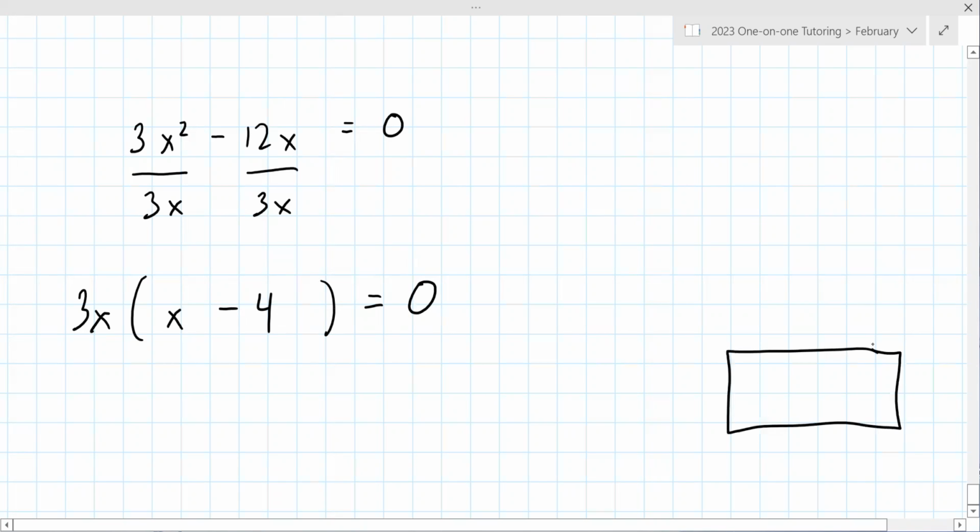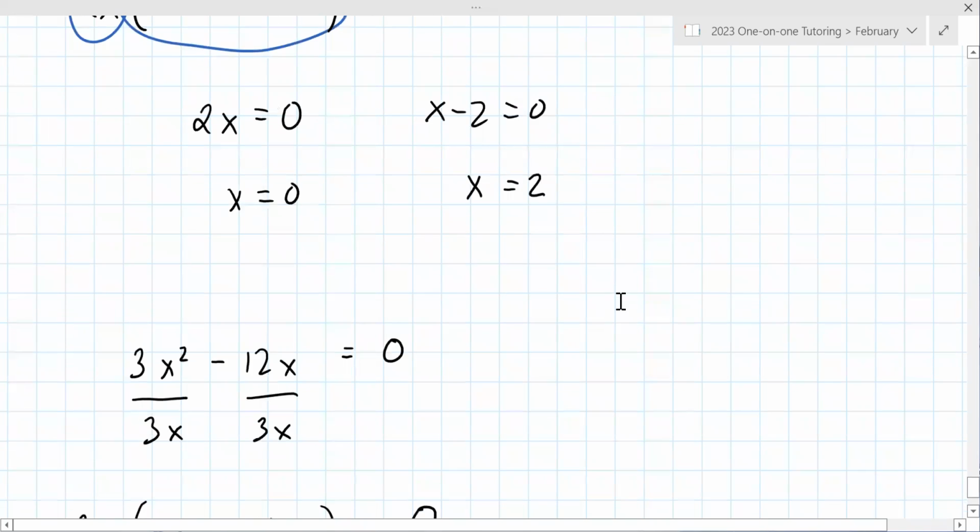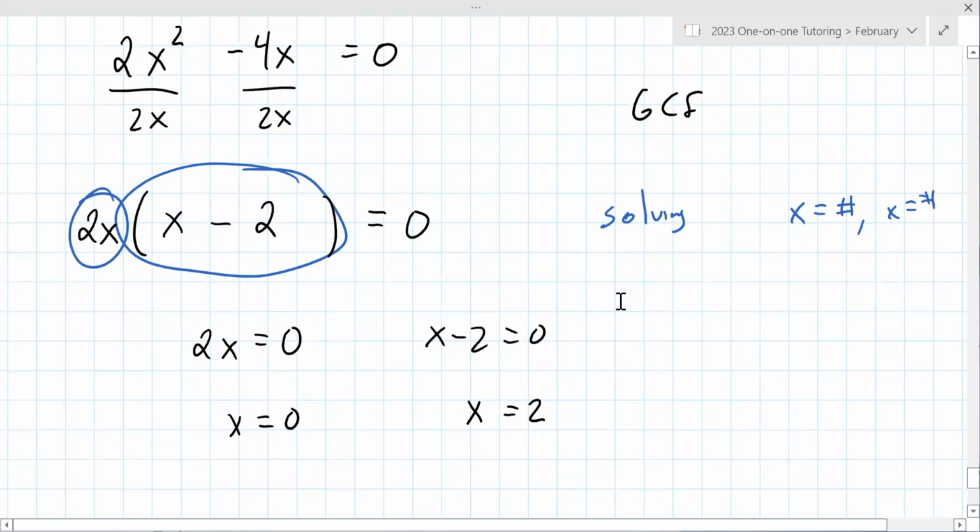Okay, can you scroll up? Sure. 3x equals 0 and x minus 4 equals 0. Is that right?